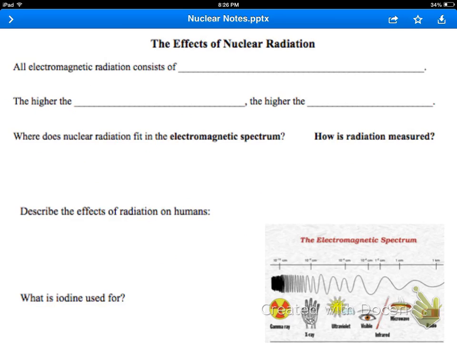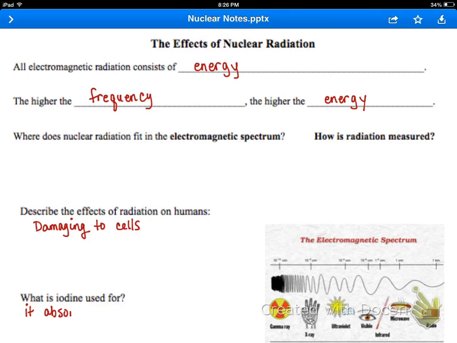So what are the effects of nuclear radiation? There's lots of negative effects. It can be used for good and bad, but overall, on the electromagnetic spectrum, radiation consists of energy, and at a higher frequency, it will have a higher energy.